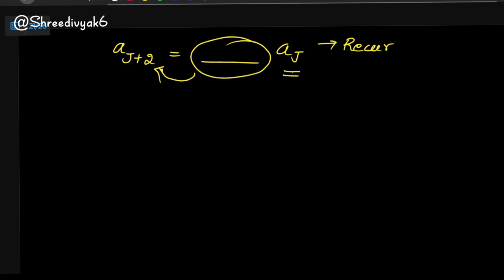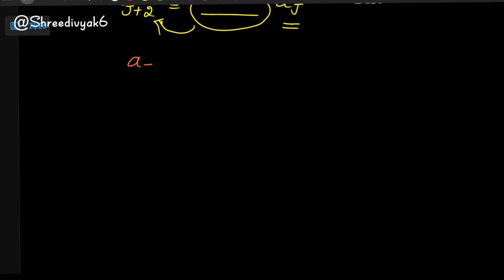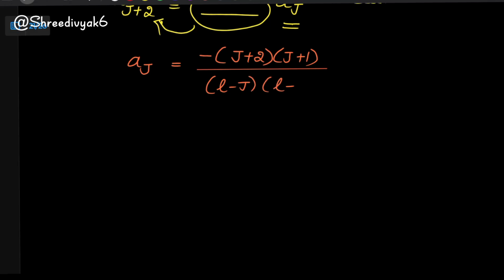Now what is my a j? a j is equal to, look at that, minus j plus 2 into j plus 1, the whole divided by L minus j into L plus j plus 1, into a j plus 2. Right?